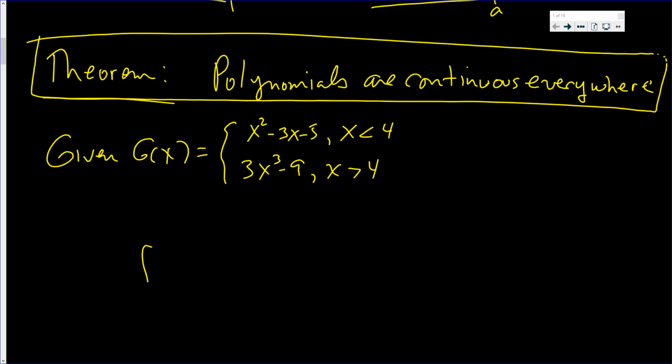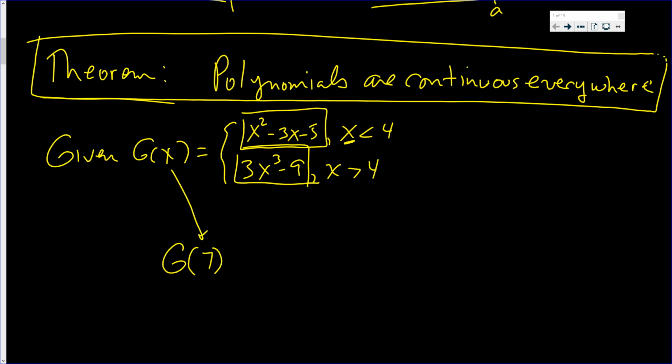If you wanted to find g of 7, we have two rules for g. Which one do you use? It depends on the x value. The x value is 7. If the x value is less than 4, you use the top rule. If the x value is greater than 4, you use the bottom rule. Since our x is greater than 4, we are going to use the bottom rule.